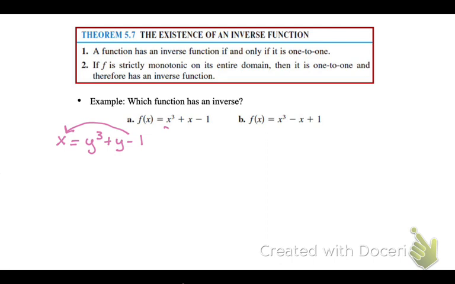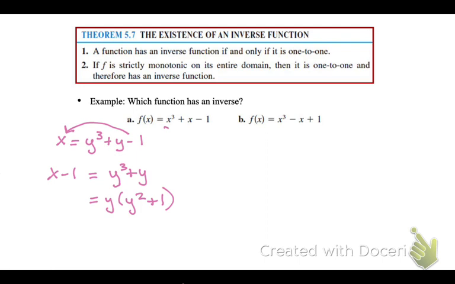Let's try it. So I have x minus 1 equals y cubed plus y. I'm assuming I'd factor out a y, wouldn't I? So I get y times y squared plus 1.